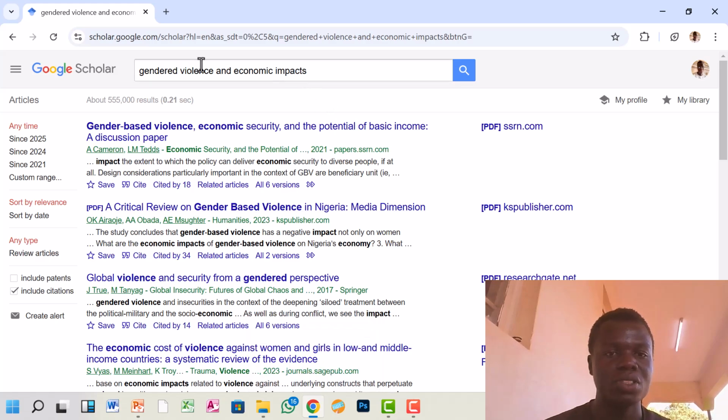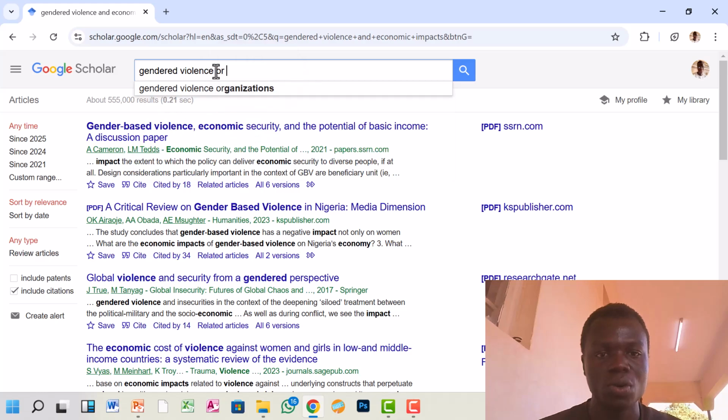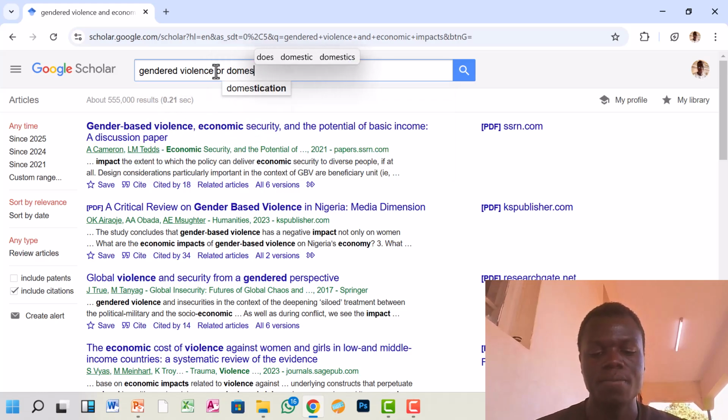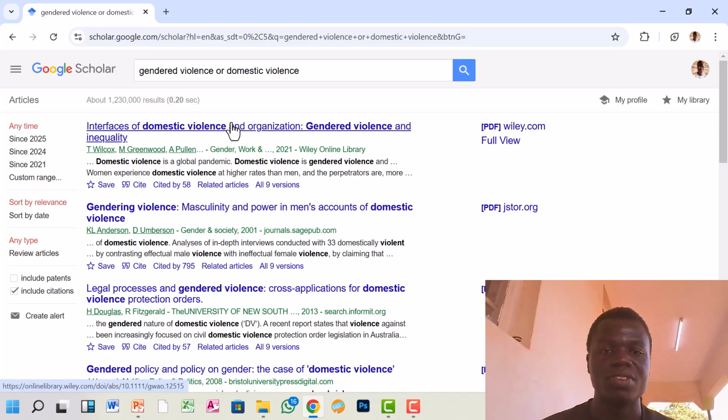But when I use gendered violence or domestic violence, it will retrieve results of both sides. So you can see interfaces of domestic violence and organization, gendered violence.